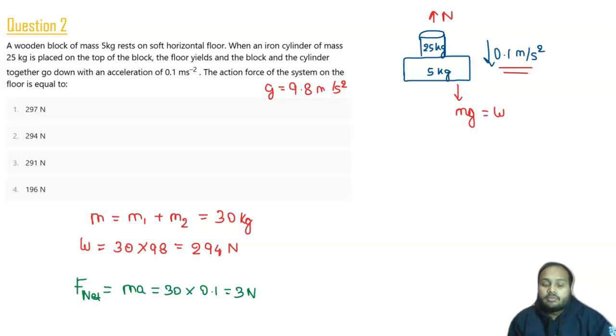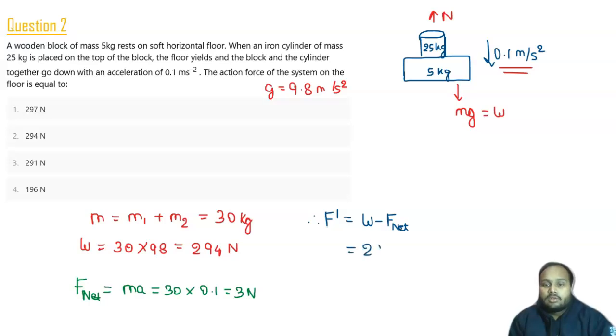we can write the action force on the system of the floor. So action force on the system of the floor, we can refer to this as F dash, action force. Therefore, this will be equal to W minus F net. Fine.